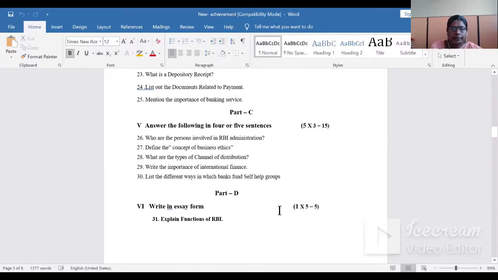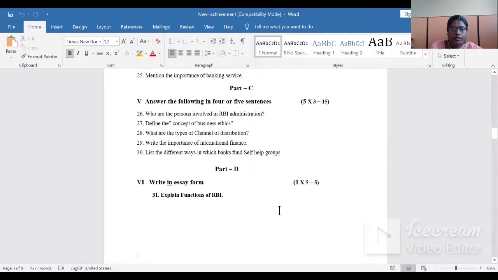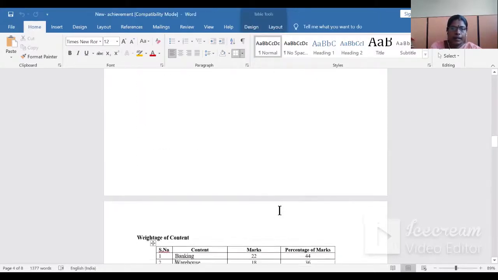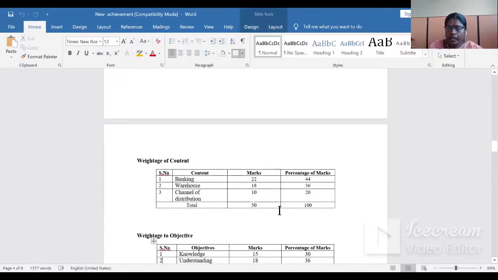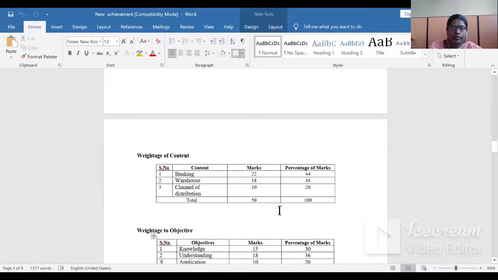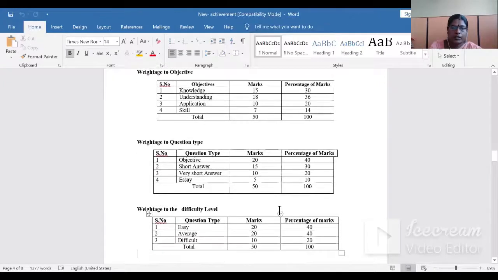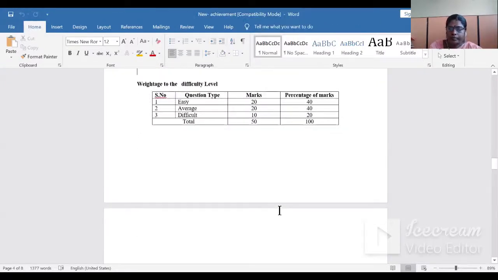Part D, essay question. 1 question, there is no choice. 1 question for 5 marks. Okay. Next part, you see, weightage to content. This is the design of the test. Already seen, no? Weightage to content, weightage to objectives, weightage to question type, weightage to difficulty level.